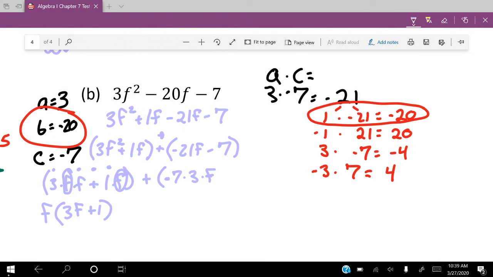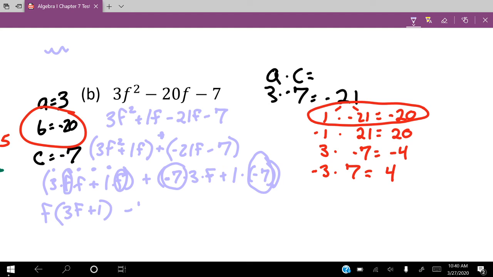I'm going to say it is 1 times negative 7. And the reason I'm doing this is because I'm actually looking a bit forward. I'm saying, what am I going to be having in common? So if I look at negative 21f and negative 7, I know that they both have a negative 7 in common. So I'm actually going to remove the negative 7, put it in front, and I'm going to talk about what they have left over. They had left over 3f plus 1. So 3f plus 1 is our leftovers.